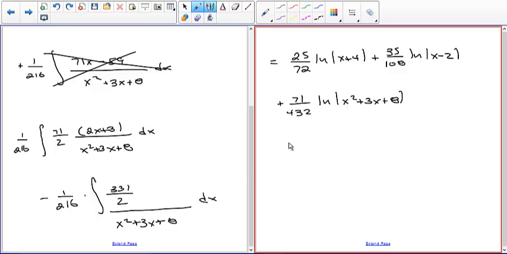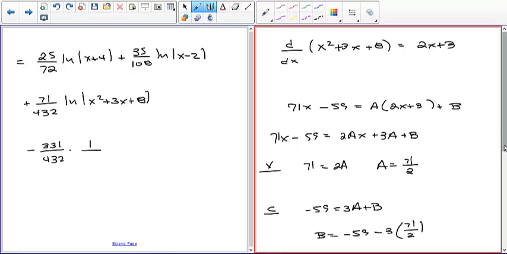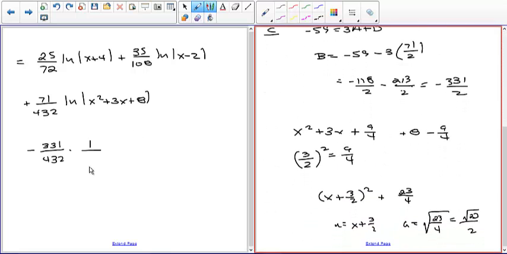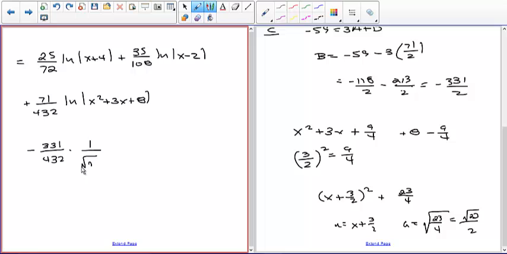And then the final one will be negative 331 over 432 times 1 divided by, okay, I'm going to have to go to the next page now because I had my stuff over here. 1 over the square root of 23 over 2 times the arctangent of x plus 3/2 divided by the square root of 23 over 2, plus c.